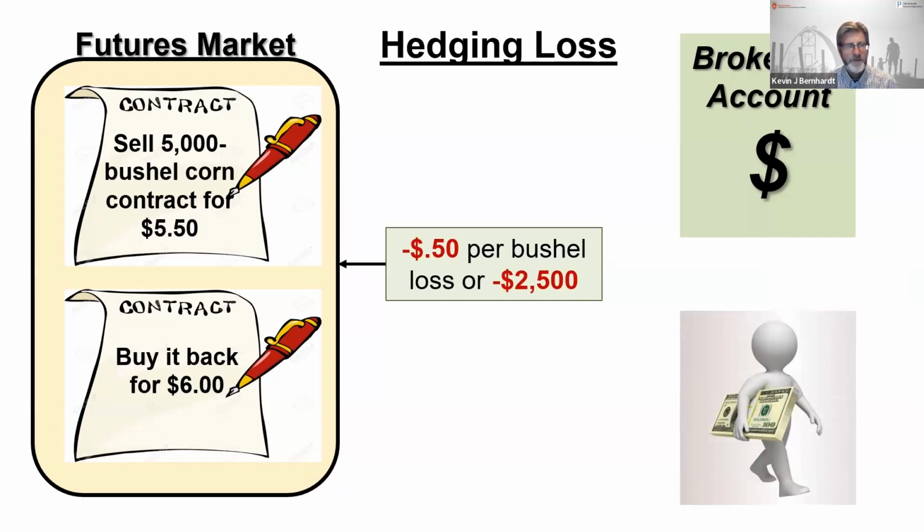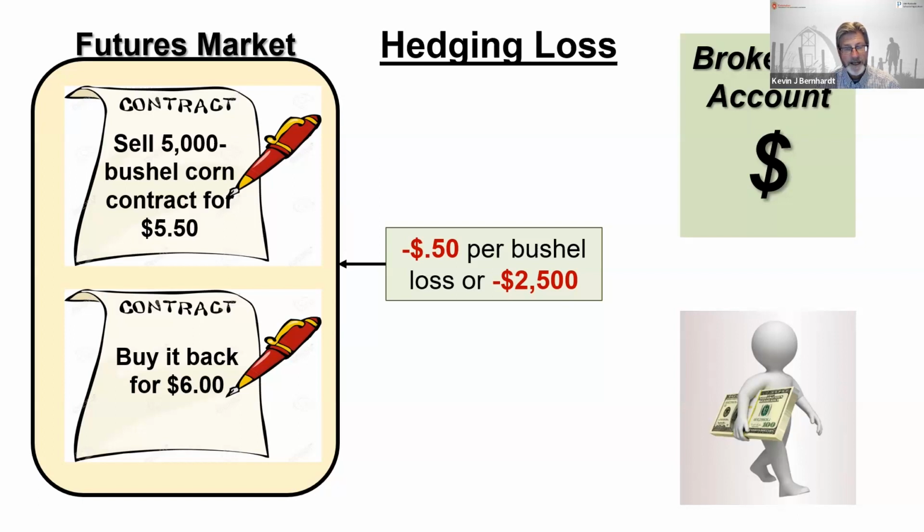So we could sell 5,000 bushels of corn for $5.50, but later on, when the time comes to buy that contract back, prices might have risen and might be worth $6 per bushel now, and we're forced to buy it back for $6 a bushel. That means we lost 50 cents per bushel, or in other words, for 5,000 bushels, that's a total of $2,500 of losses.